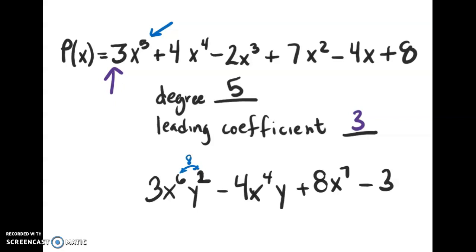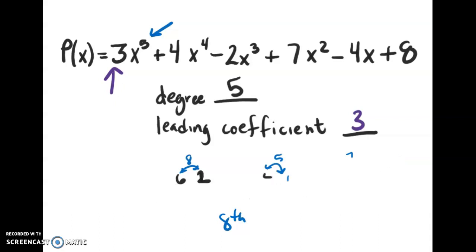So this one has a total of 8. This has a total of 5, because there's an exponent of 1 on this y, even though it's not written. This has 7, and this has an exponent total of 0. So this would be an 8th degree. That's not what we're going to explore today, but if you see a problem that has multiple variables within a term, you have to add the exponent powers together to find the degree.